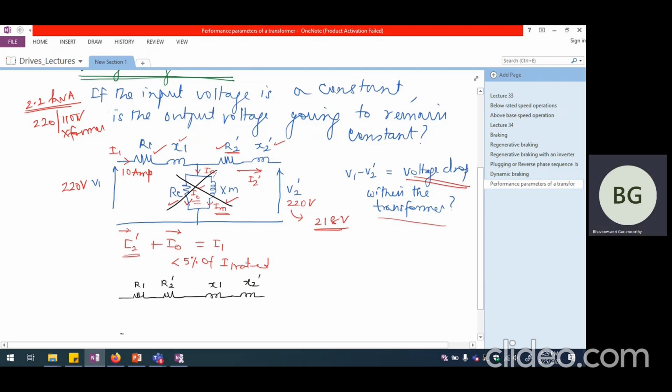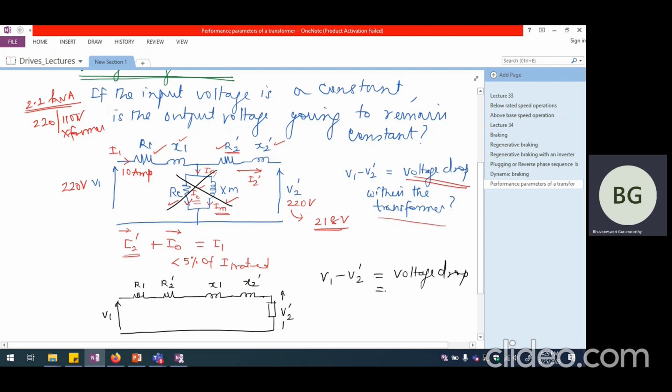So these are the series parameters that come directly, which are responsible for the internal voltage drop within the transformer. And we are going to have V1 applied here. And what is coming across the load? Let us say this is the load. So this is going to be V2 dash. So V1 minus V2 dash is the voltage drop within the transformer.